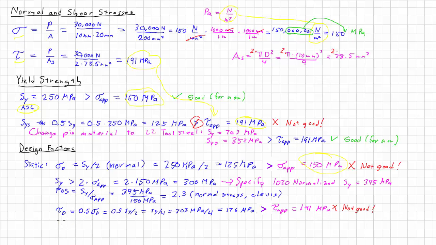So we want the yield strength of our material to be greater than 4 times the applied shear stress, and that makes it 4 times 191 megapascals, and that would be 764 megapascals.